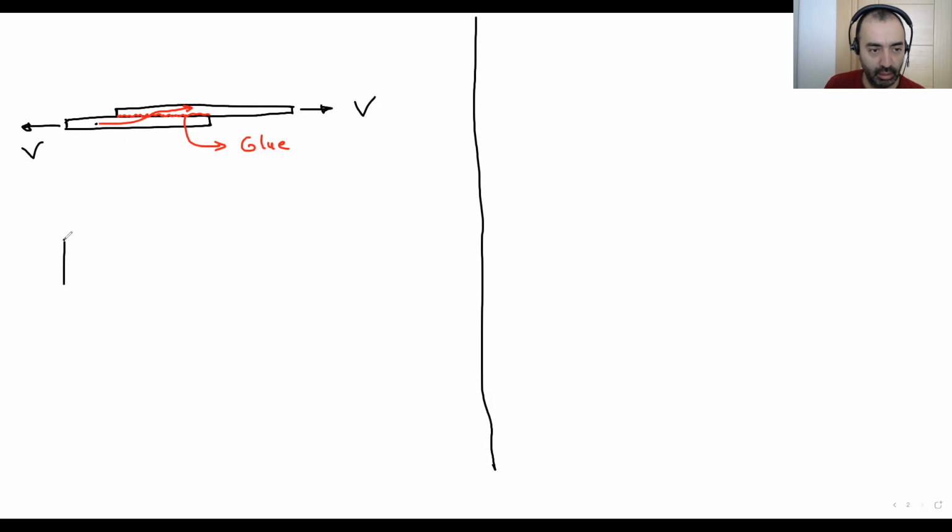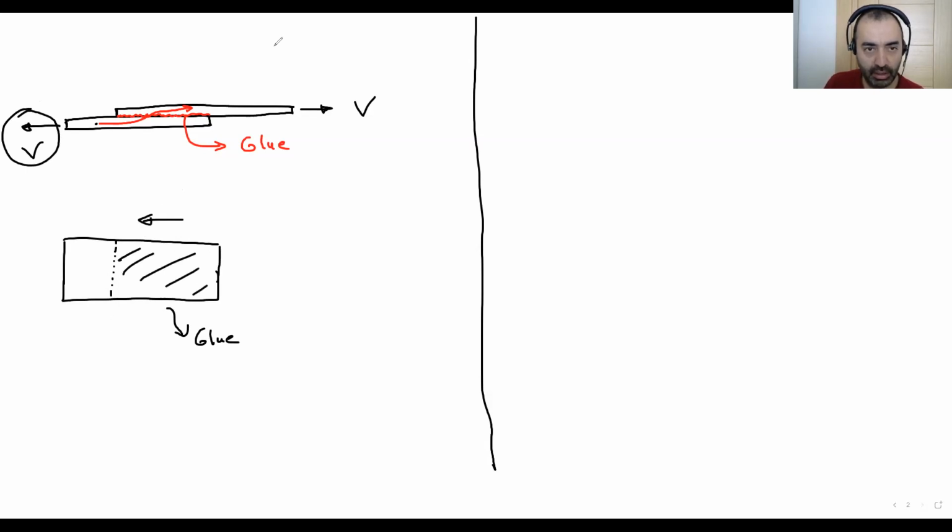Okay, let's have a look at this section here. If we take a look here in plan, in this portion we have glue. So this force is parallel to this area, right? Parallel to this area. That's why there will be a shear stress again on this glue area.